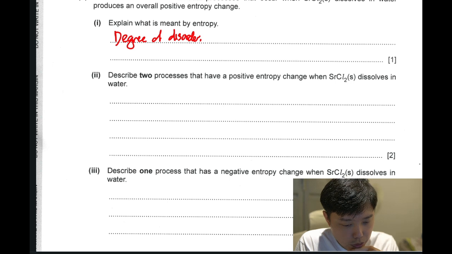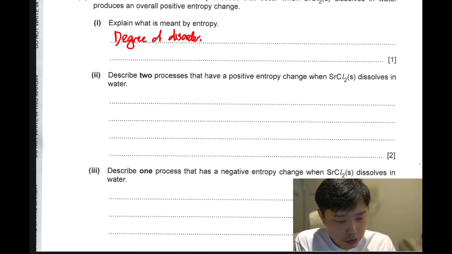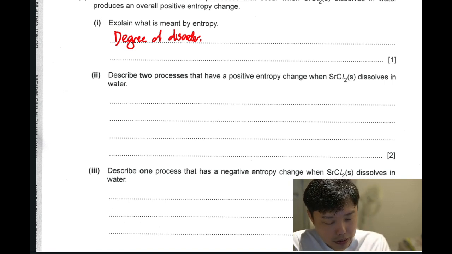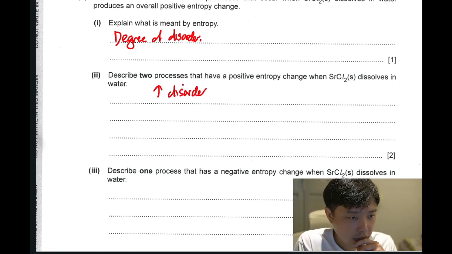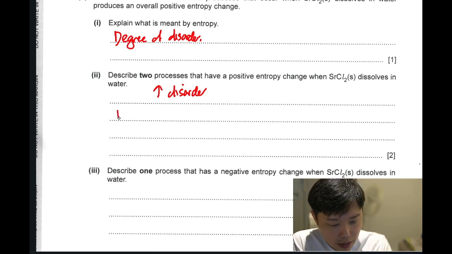Number 2, describe two processes that have a positive entropy change when strontium chloride dissolves in water. So you want to think about what the processes are that increase the disorder when you dissolve strontium chloride. Okay, when it is an ionic solid, it is very ordered.